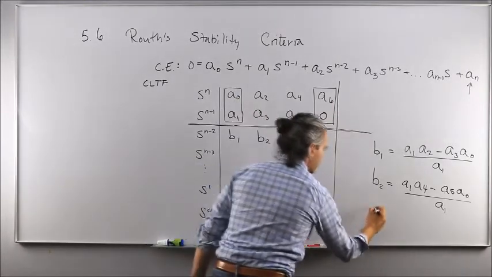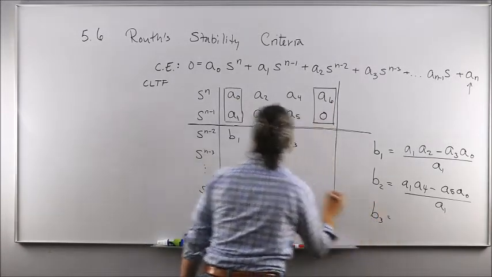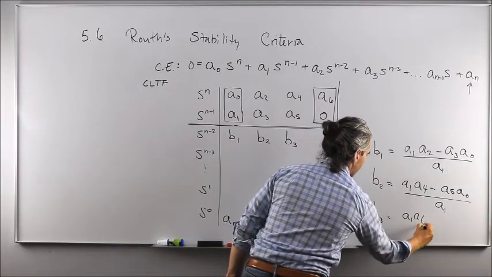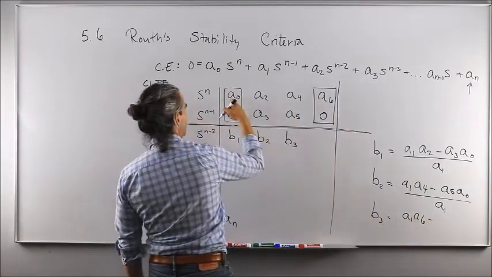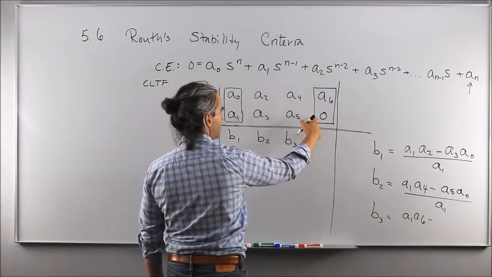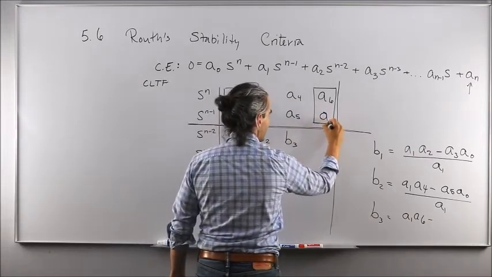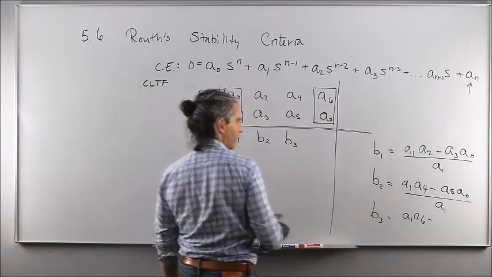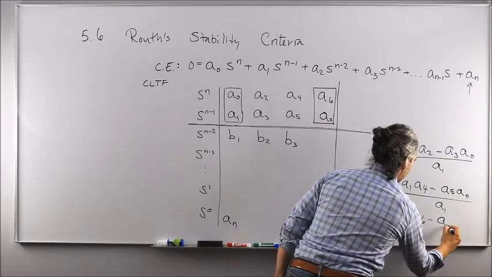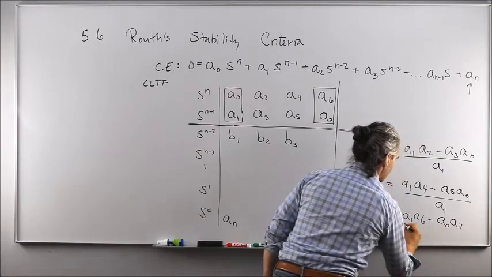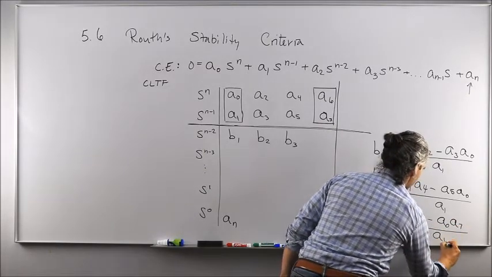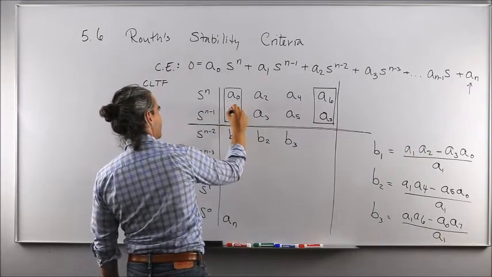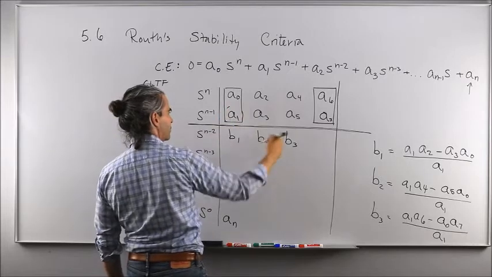Okay, the same idea. B3 will be A1 times A6 minus A0 times 0, or if you had an A7, to generalize this discussion, that would be an A0 times A7 divided by our anchor for that column, which was the element in the first column right above this row.